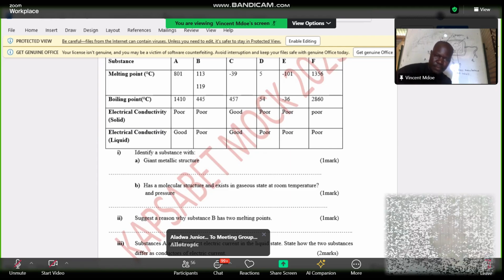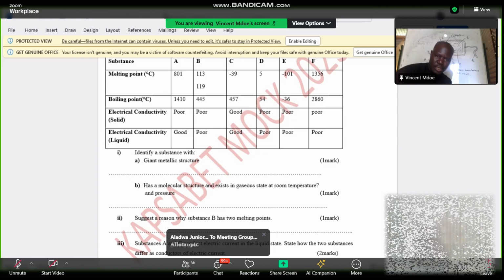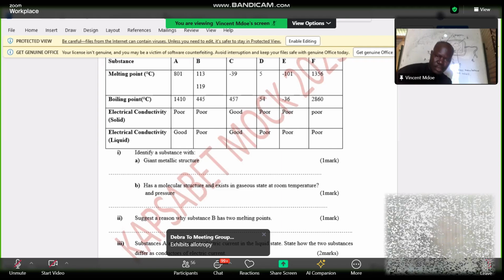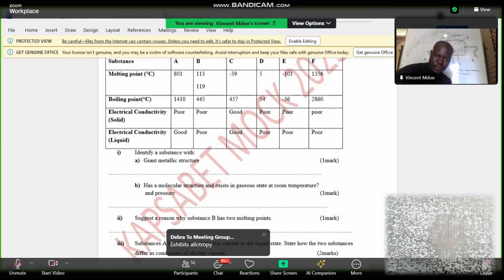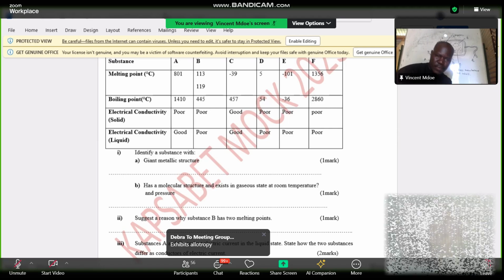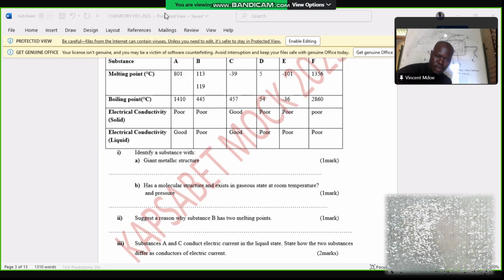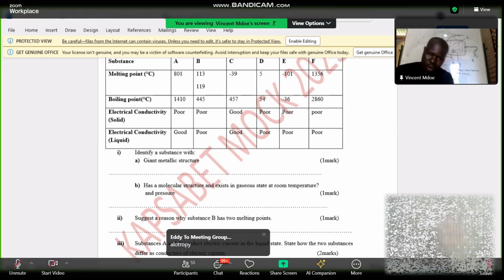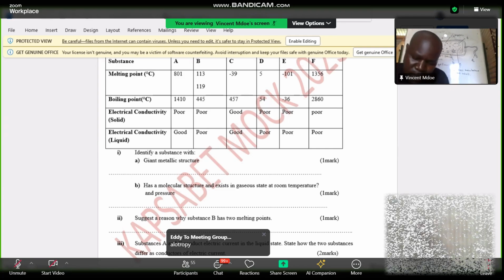Cynthia, it is allotropic. So you are correct, it exhibits allotropy. The moment you see an element having two or more melting points, then it means it exhibits allotropy.